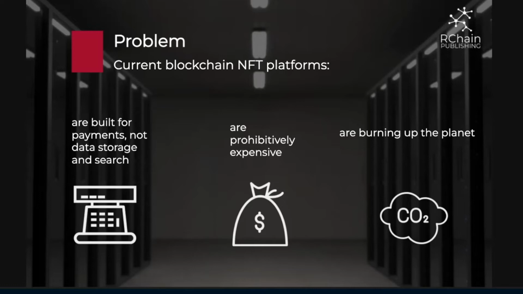There's a famous example of an album that somebody purchased for $11 million through Nifty Gateway, I think it was, and oh dear, somebody deleted the actual asset. So it was an $11 million smart contract pointing to 404. That's a very expensive 404. So we're using that capability in RChain to address those sorts of issues.